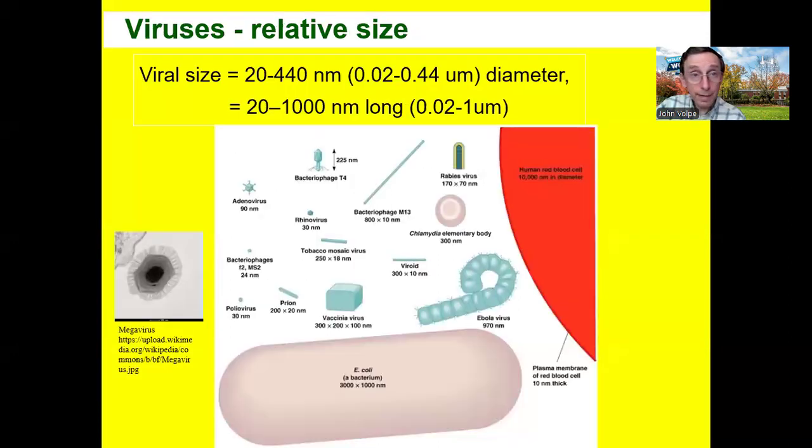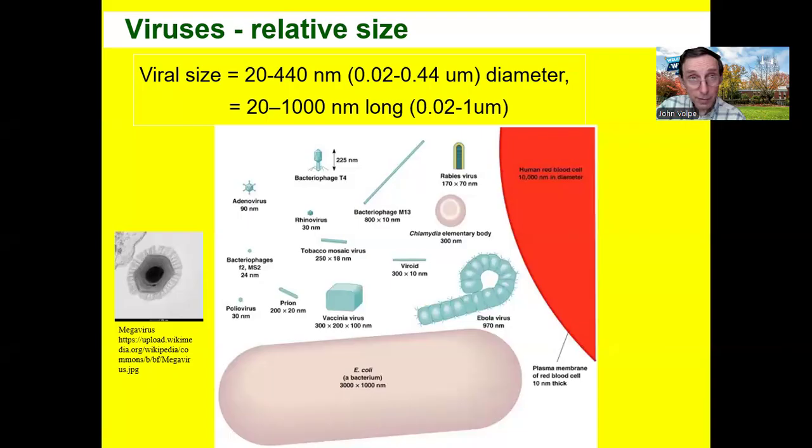All right, let's take a look at the relative size of viruses. Their size in diameter ranges from about 20 nanometers to about 440 nanometers. That's 0.02 micrometers to 0.44 micrometers. Now, 0.44 micrometers, or 440 nanometers, is up to and just a little bit past the size of the smallest prokaryote cell.